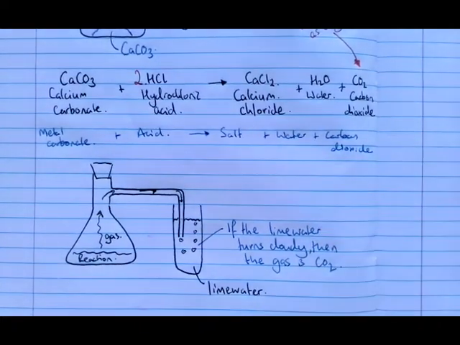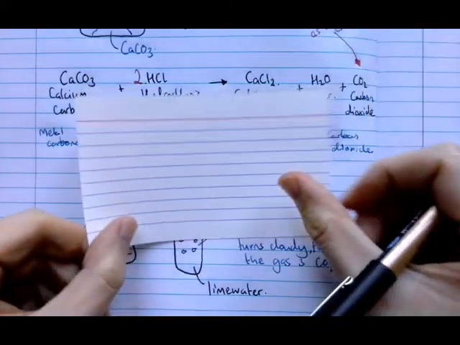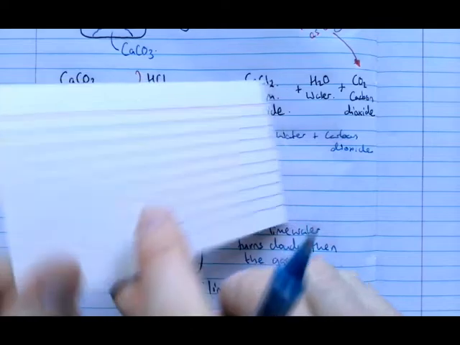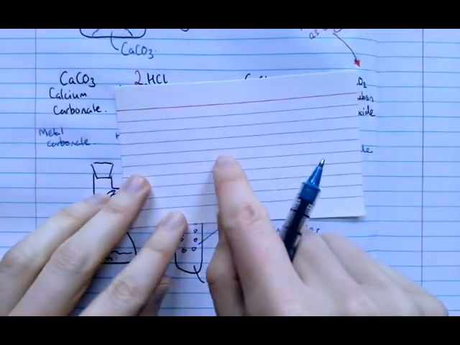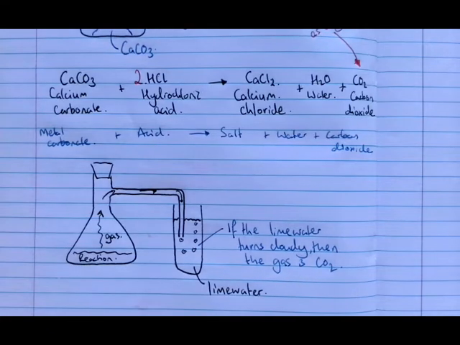And guess what I'm going to say? Yep, of course, get yourself a flashcard. Metal carbonate plus acid, salt, water, carbon dioxide. Add that to your collection that you should be testing yourself on regularly.